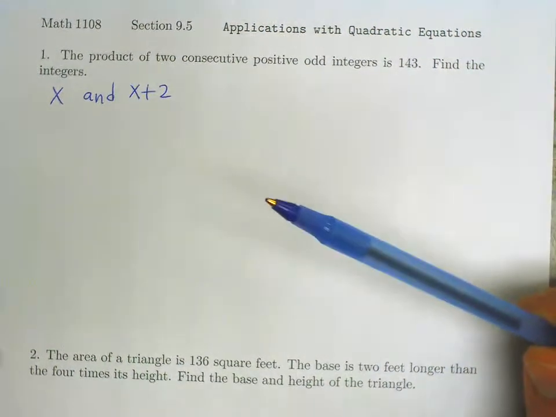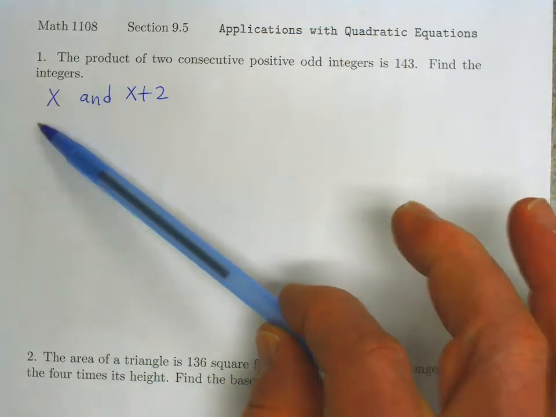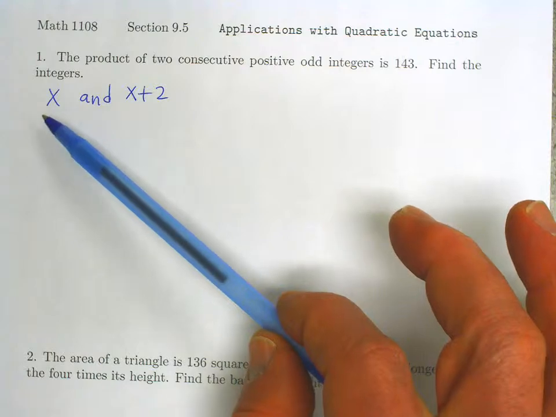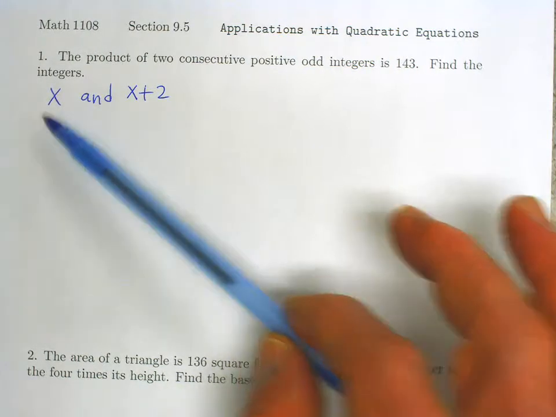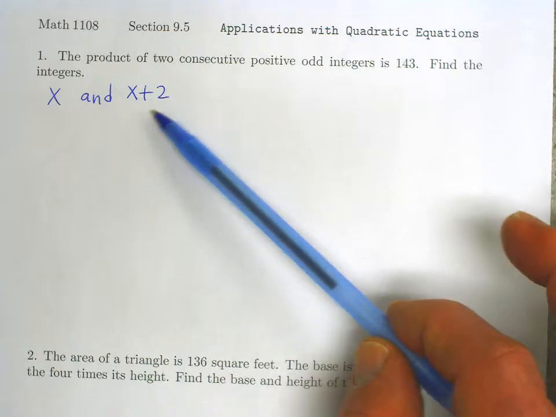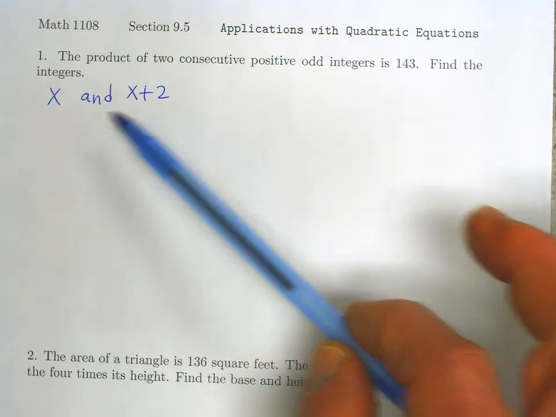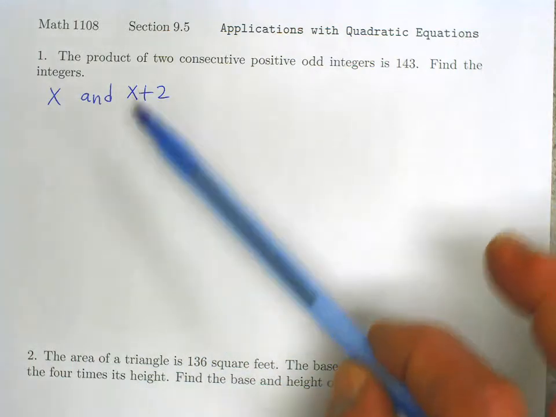Okay, so this is what I was referring to a minute ago. We have two quantities, but I'm using the same variable in each of those quantities. One is just x, the other one is x plus 2. This is generally easier if you can do it rather than having two different variables.